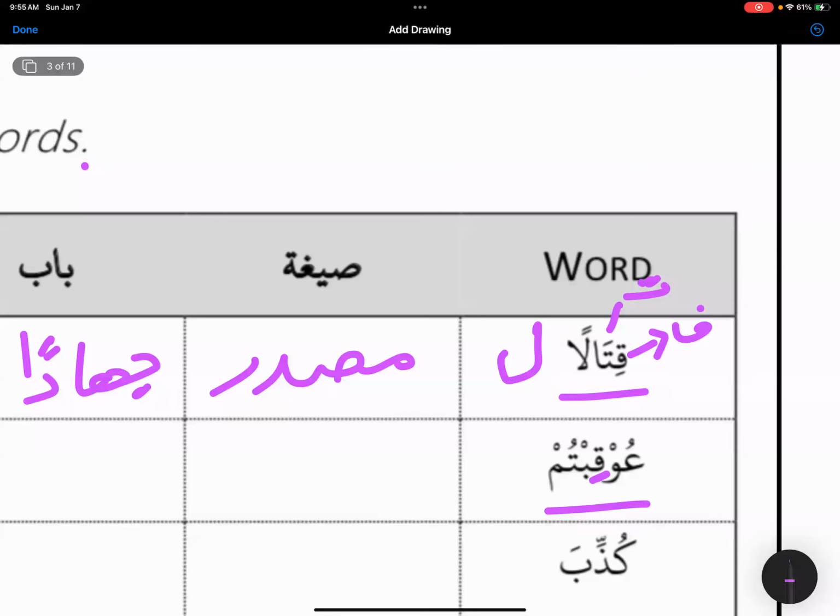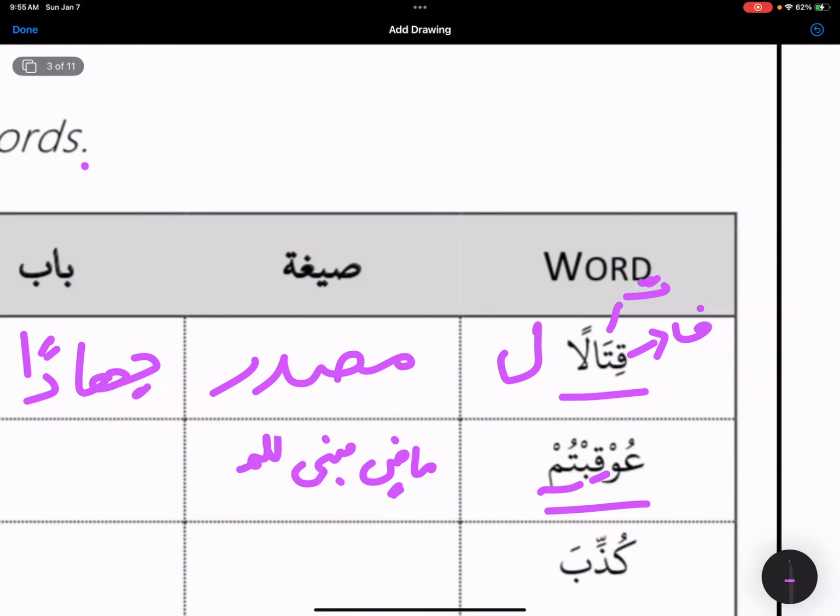Naib al-fa'il. Where is the naib fa'il? Tum. So this tum is our naib fa'il. So basically, siga, you're going to say Madi Majhul, Madi Mabni lil Majhul, we can say.